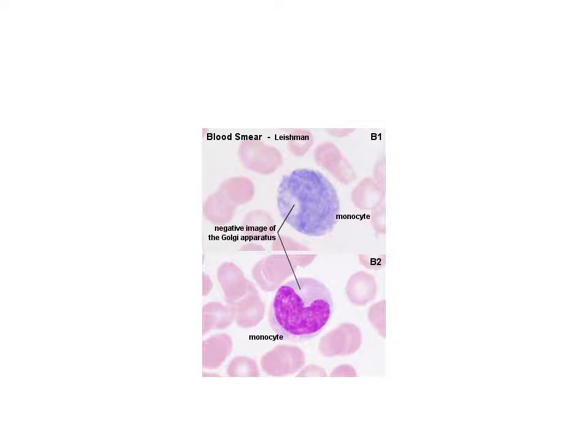This is the monocyte. You can see some whitish spots on both sides. This is a vacuole in the cytoplasm. Maybe some fat particles which are not taking the stain, so these appear as vacuoles.